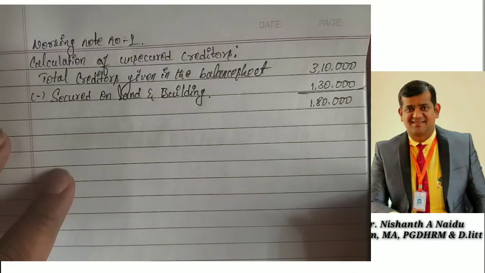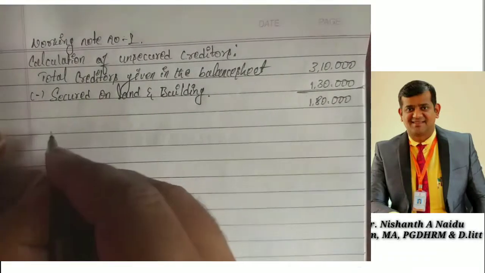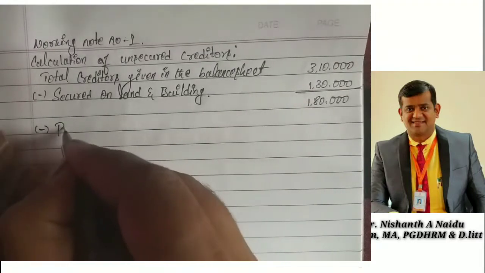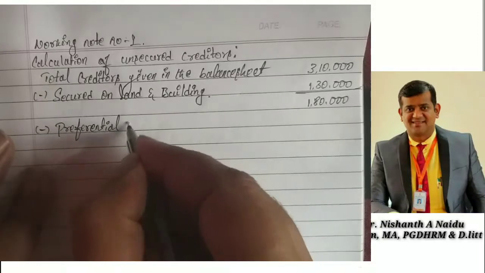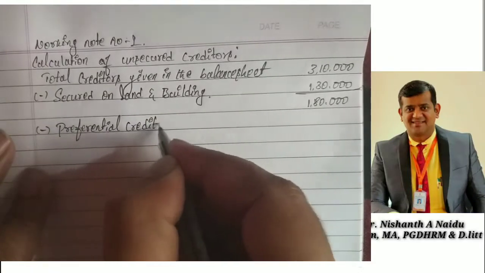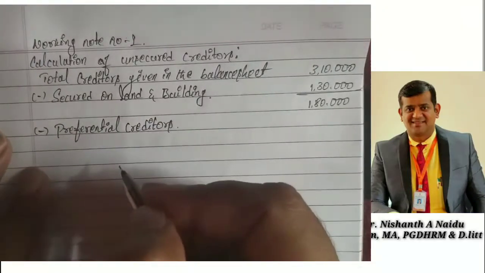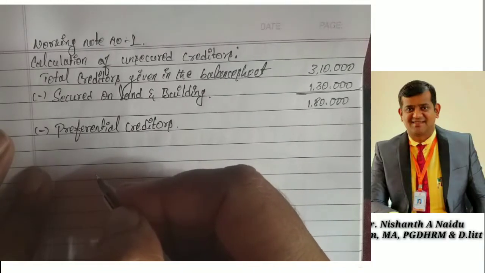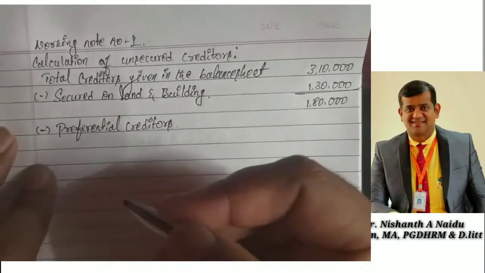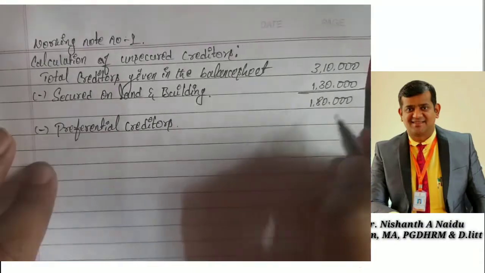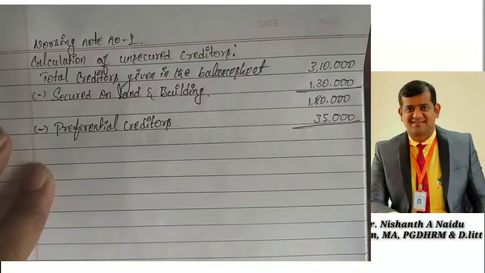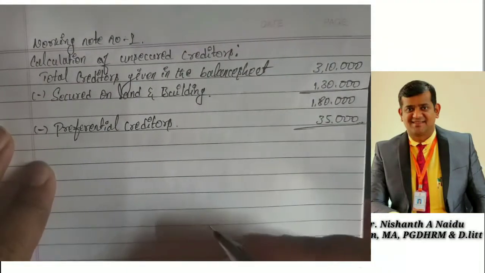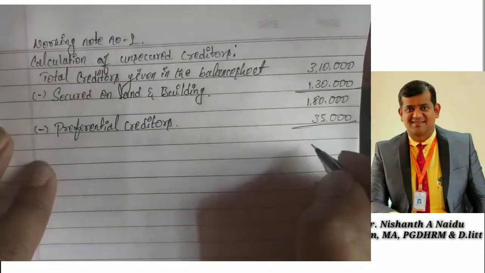So now less preferential creditors. How much are preferential creditors? 35,000 rupees, which they have said in the adjustment. So deduct that 35,000. 1,80,000 minus 35,000 comes to 1,45,000 rupees.